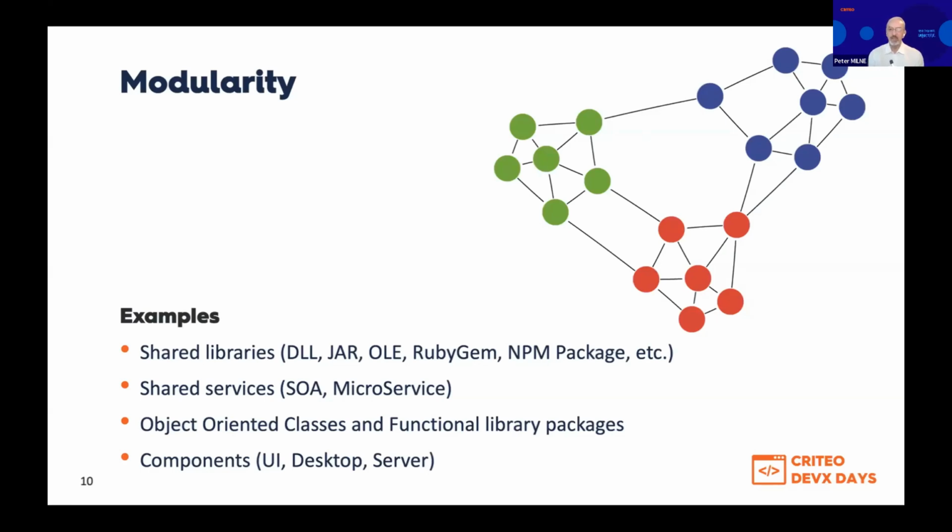So service-oriented architectures or microservices or something like that. Object-oriented classes and function library packages are also considered modular. And then, of course, on the UI that people touch, whether it's a desktop or a web, there are components that we use to render information. So modularity is something we use every day.